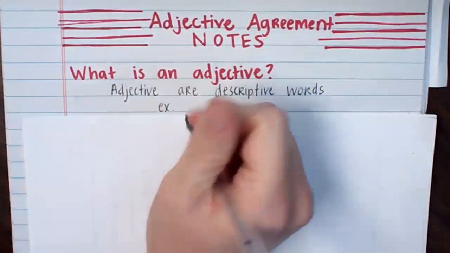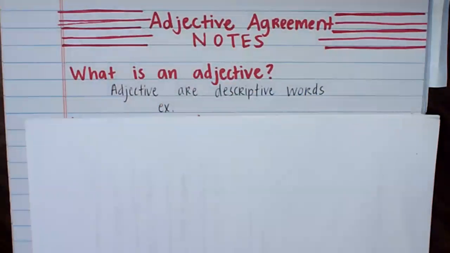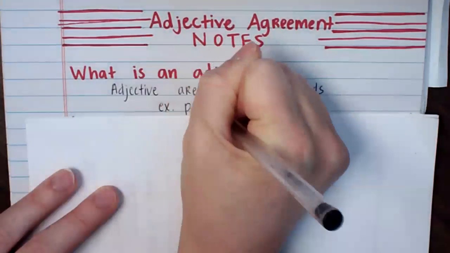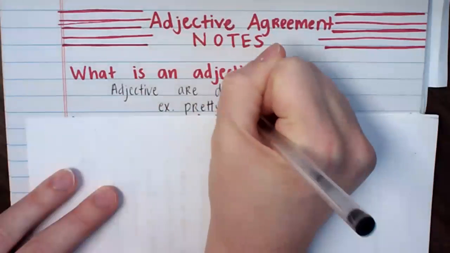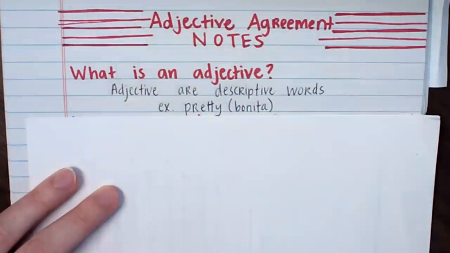So I've given you a vocabulary word bank with a bunch of adjectives that we are going to be memorizing in this unit. You will have a big quiz before Christmas on this. So it is important that you start memorizing those. So some example adjectives that you're going to see are words like pretty, which is the word bonita in Spanish.